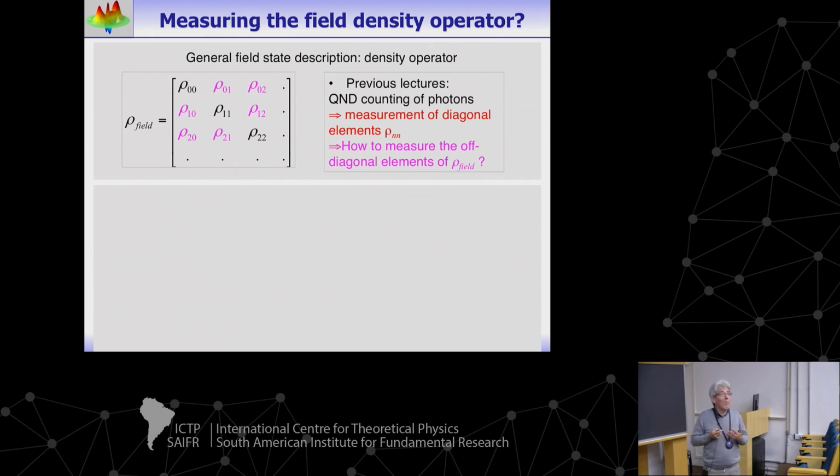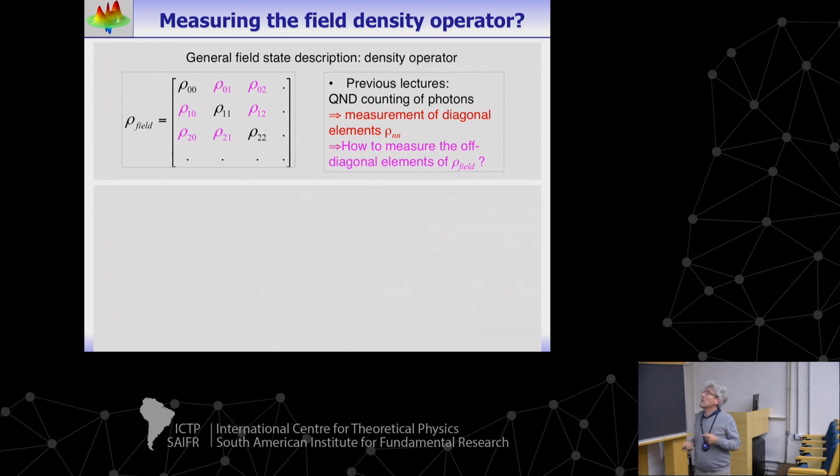That's our best way to measure the field state. So that's a very good way, but it only provides information about the diagonal elements of the density operator. And of course, if you want to reconstruct the quantum state, you need also information about the off-diagonal elements of the density operator.